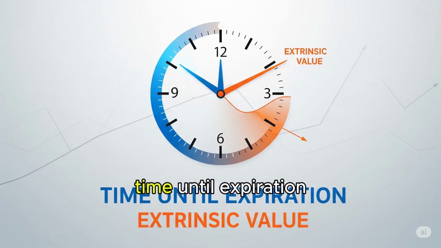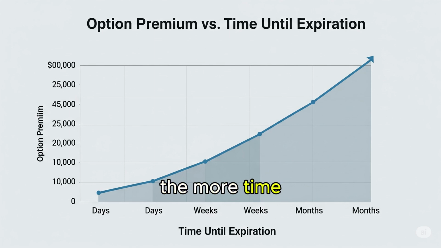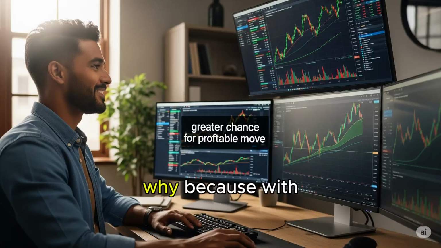Let's start with time until expiration. The amount of time remaining until an option expires is a crucial factor that contributes to its extrinsic value, often called time value. This is because the more time an option has until expiration, the higher its premium will be, all else being equal. Why?